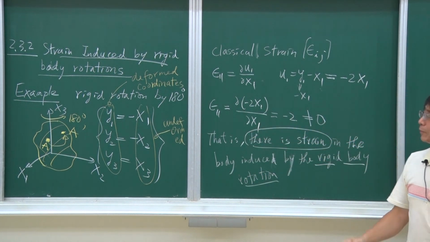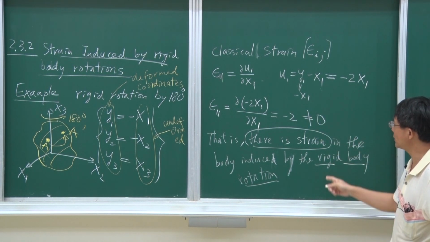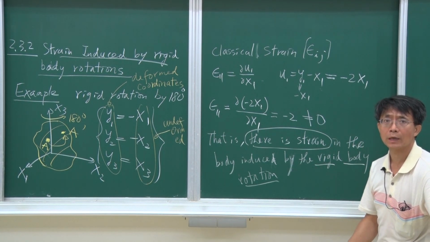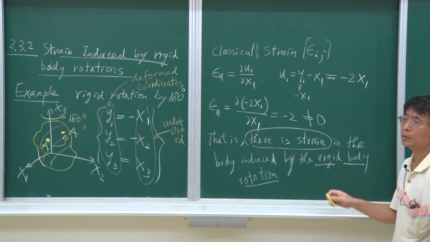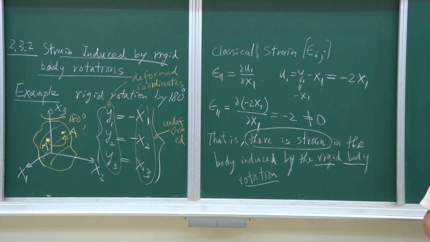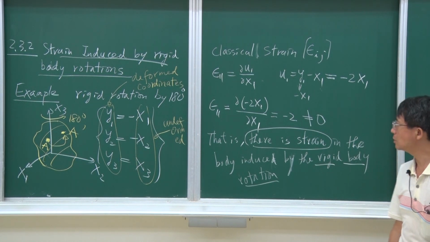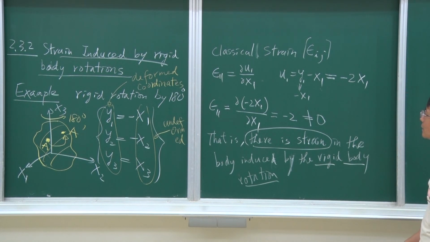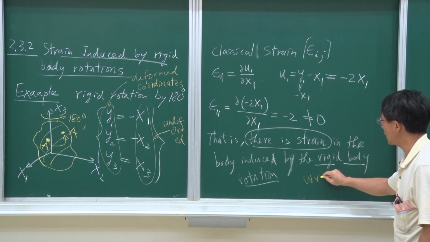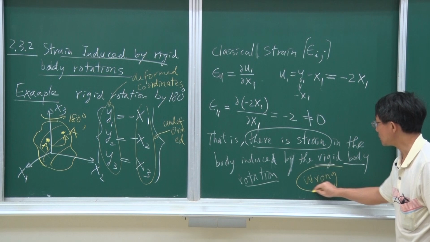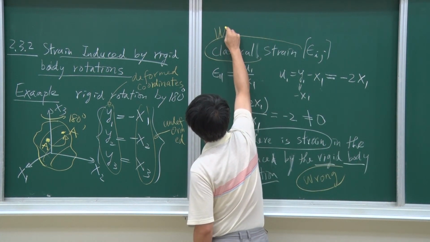As a result, we understand that the strain does not equal 0, and it is induced by a rigid body rotation. Of course, it is wrong. Rigid body rotation should not induce any kind of strain. So this is wrong. W-R-O-N-G. So classical strain is wrong.